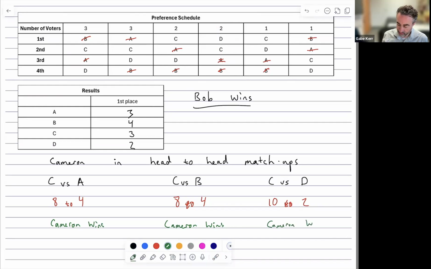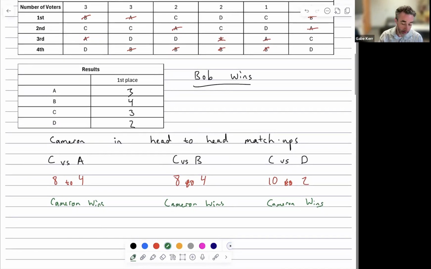And this is a bit of an odd thing here, because plurality method says Bob wins, but one-on-one, Cameron versus anybody, Cameron's winning. So that I think illustrates pretty severely some of the limitations of the plurality method. Now, when you have a single candidate that wins when they go head-to-head versus any other candidate, we call them a Condorcet candidate.